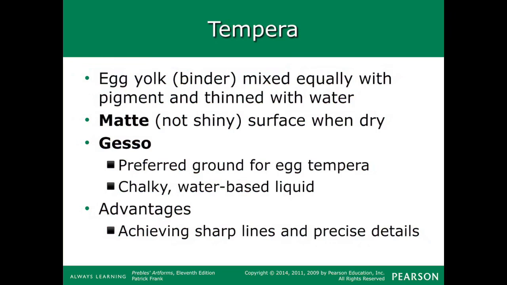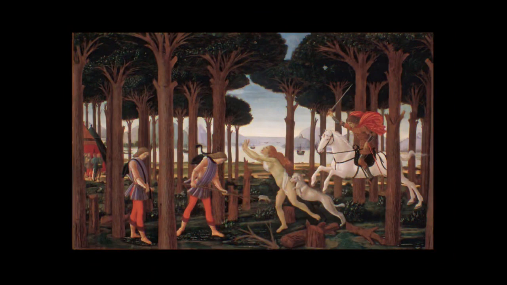Some of the advantages of using tempera paint is the ability to achieve sharp lines and precise details. So here is an example of a tempera painting. It is one of the earlier paintings where artists can achieve a lot of precise detailing. So they can make their lines very thin.